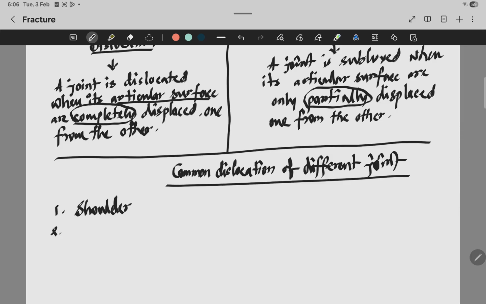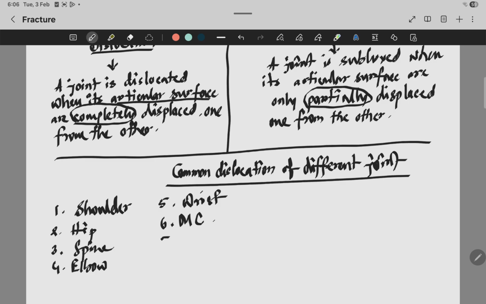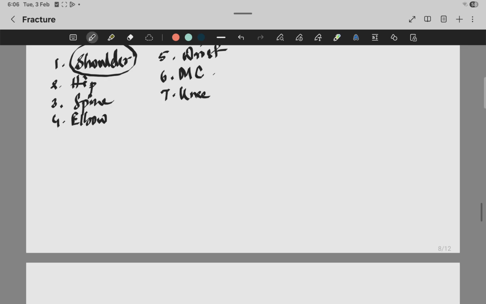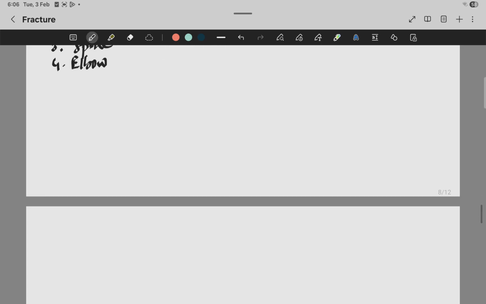Then hip dislocation, spine, elbow, wrist, metacarpal joint, and knee joint. The commonest is the shoulder dislocation. Next we'll go through the shoulder dislocation.